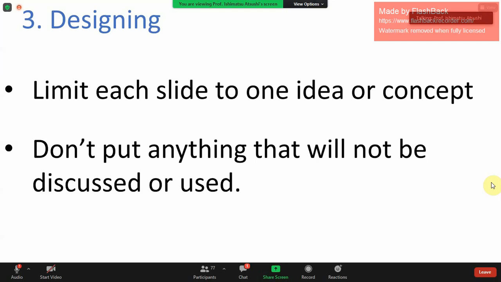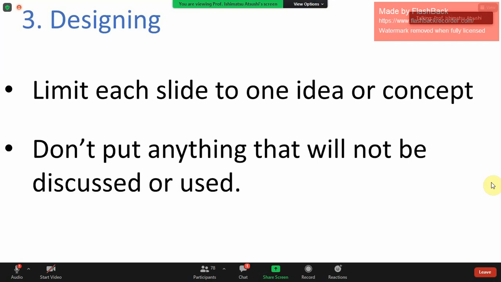So it's better to limit one idea or one concept to one slide. In other words, better not to put more than 2 ideas or concepts in one slide.